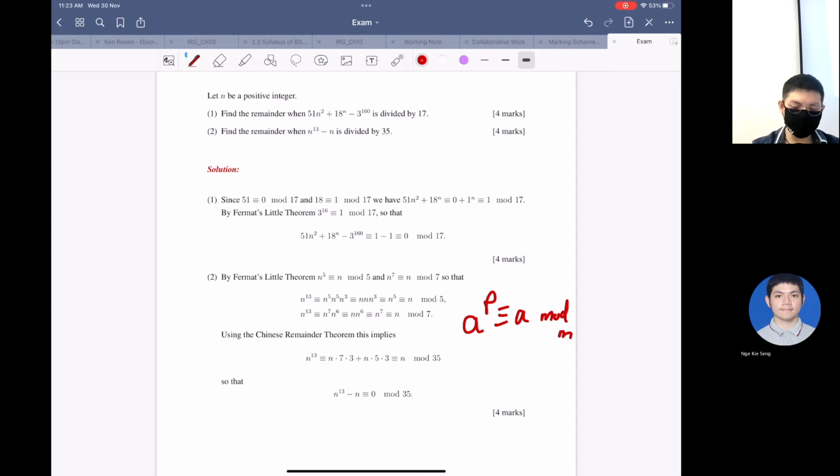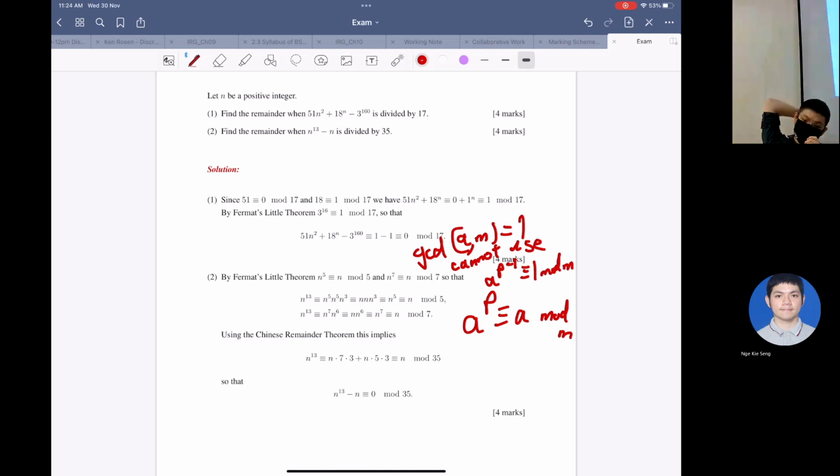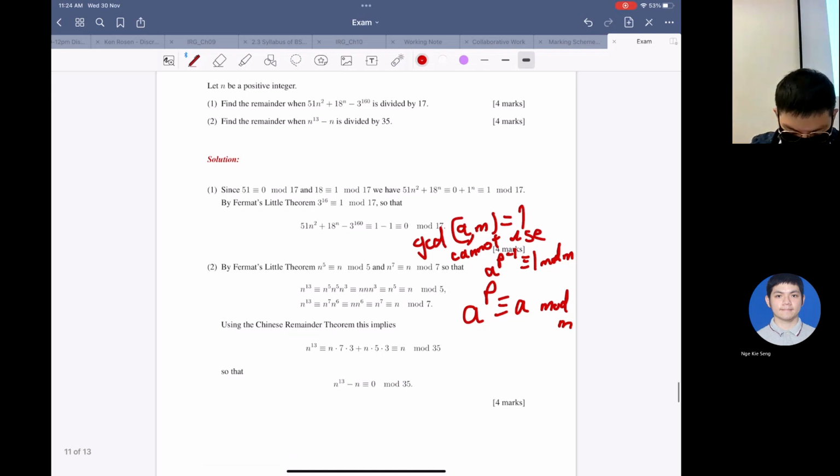Because I didn't say that gcd(a, m) is equal to 1, so you cannot use a^(p-1) equal to 1. A lot of people used a^(p-1), but there's no gcd(a, m) equals to 1.